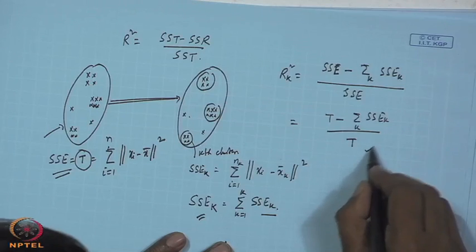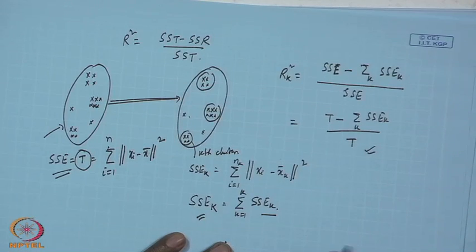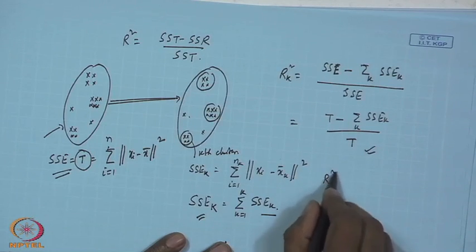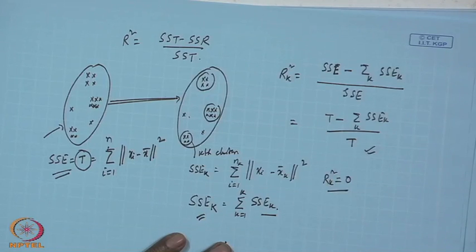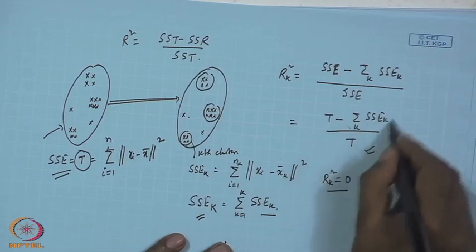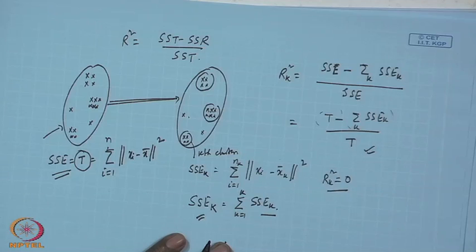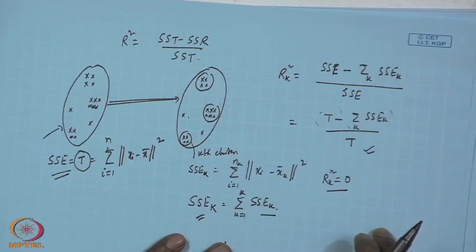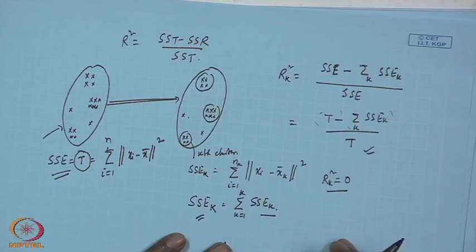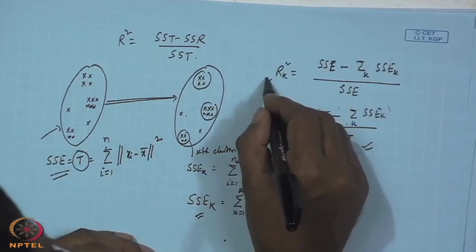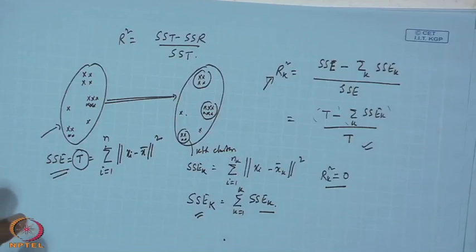So what will happen ultimately? Your R k square will be 0 when this quantity equals T, and as you go on increasing the clusters, this value will change. If you decrease, this value will change.